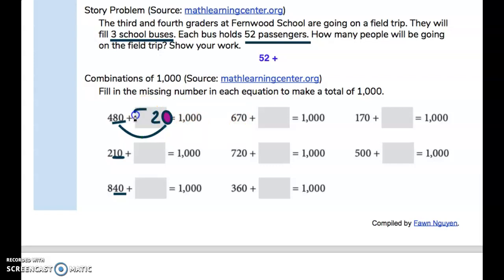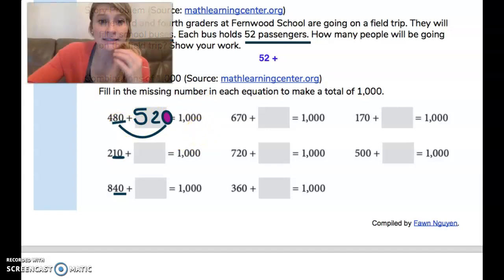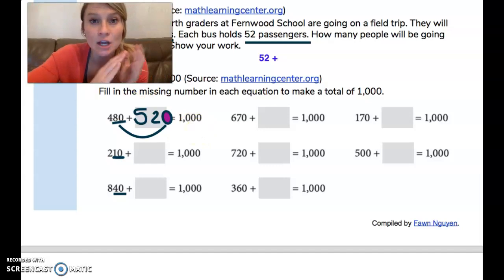I need 500 more. So that is my answer. 520 plus 480 equals 1,000. Now, my friends, I am connecting this by looking at my groups of 100.